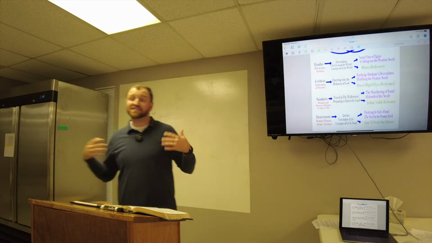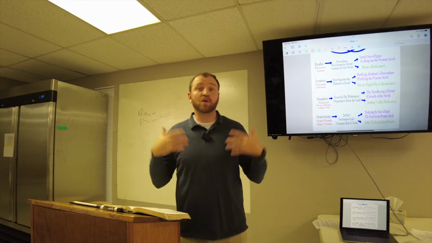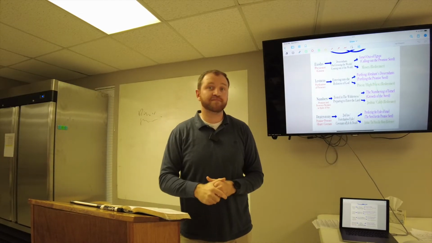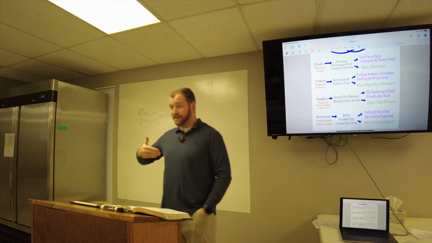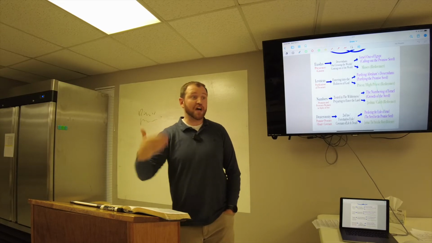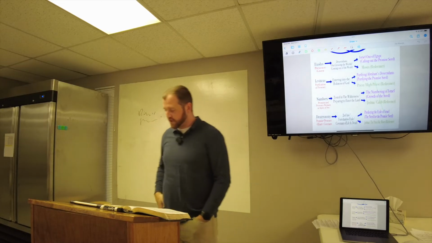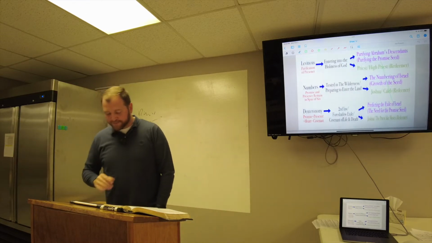But most of the book is them in the wilderness, them being tested in the wilderness. And what do they do over and over and over again? They fail. God was trying to teach them that if I'm with you, you shall not fear. Well, they feared, they failed the test, sending of the spies, all that kind of stuff.